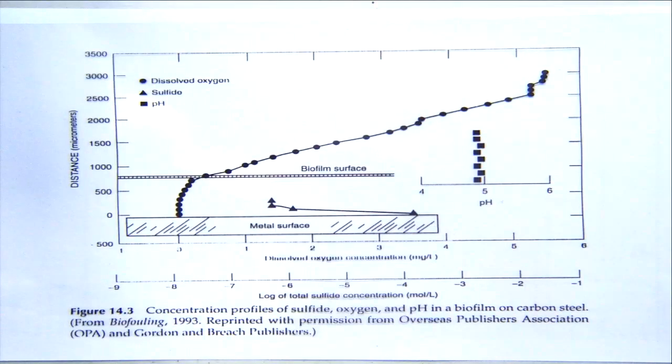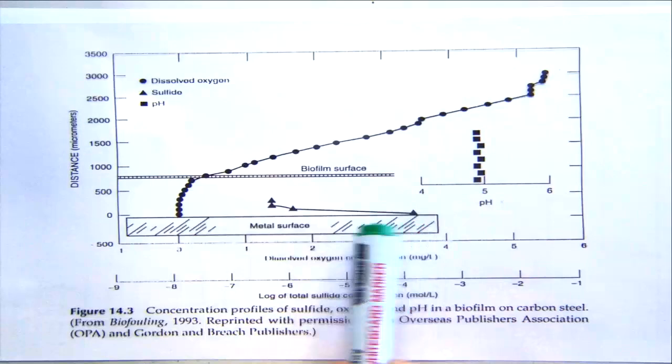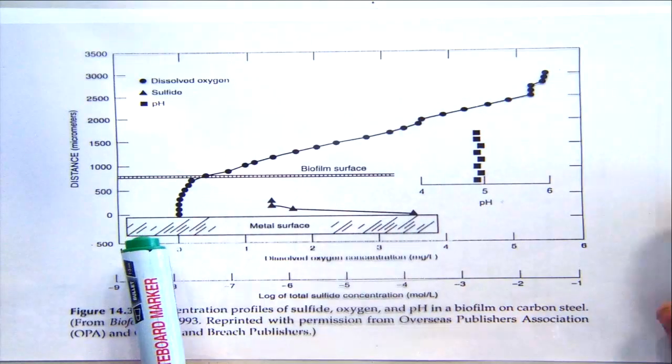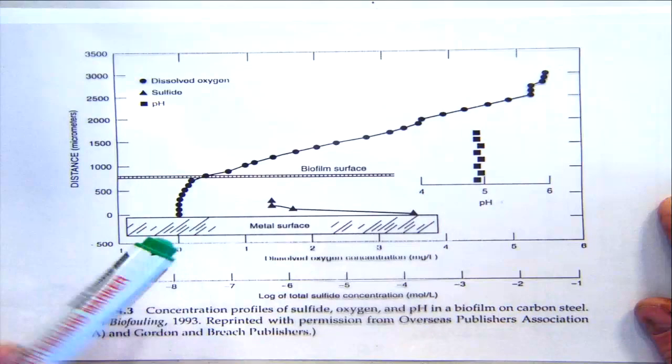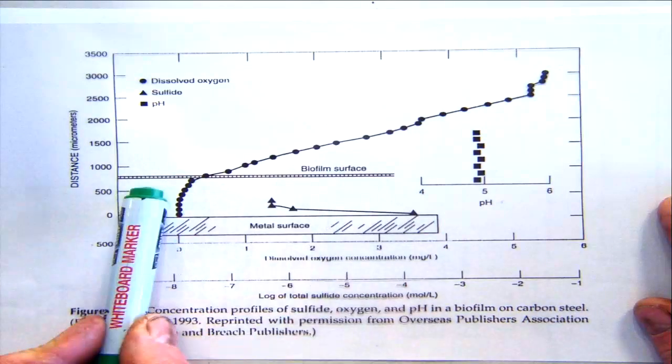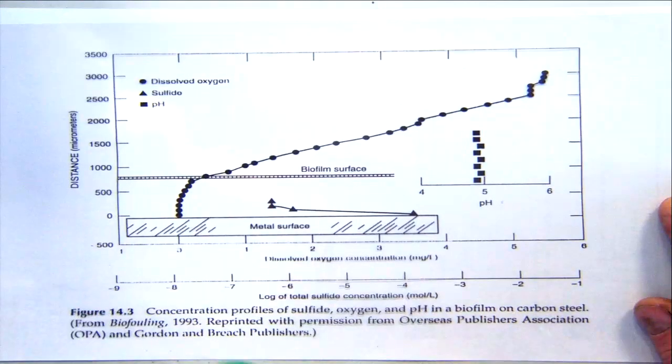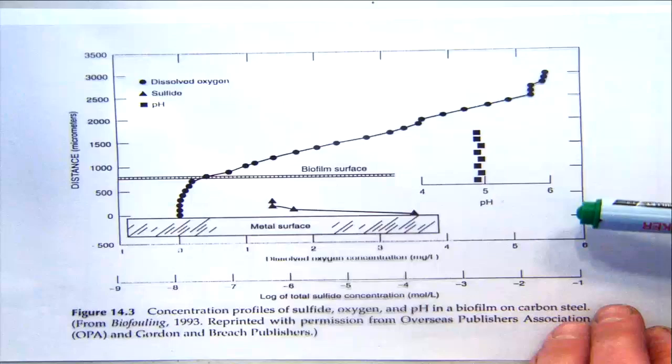So this is concentration of sulfide along the bottom here, and there's a lot more sulfide near the surface of the metal than there is higher up in the biofilm. And then the final plot is dissolved oxygen content, and that just shows that the oxygen content climbs significantly as you get out towards the top of the biofilm. And that's one profile from an experimental piece of work.